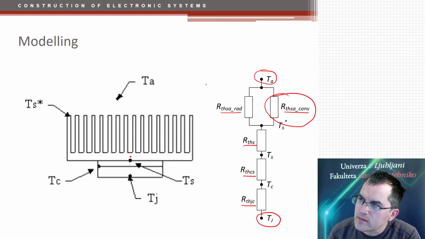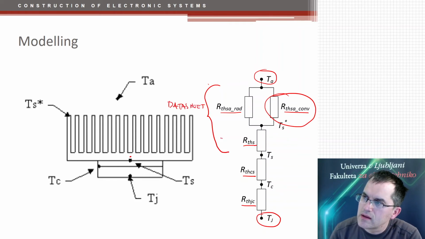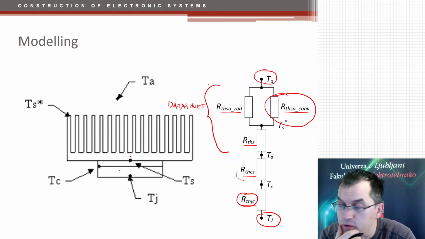All that is given in the data sheet of the heatsink as a single resistance value, to which you add just the resistance of the interface between the component and the heatsink, and the resistance between the junction and the case of your component.